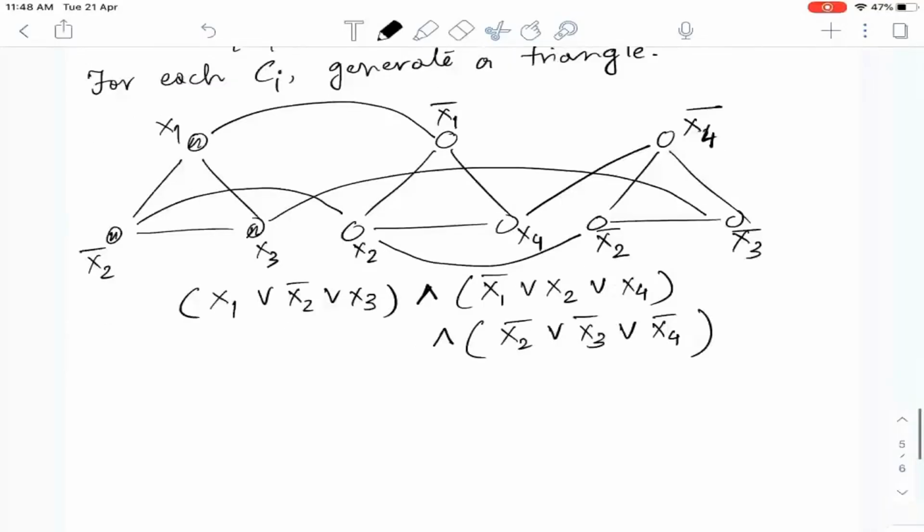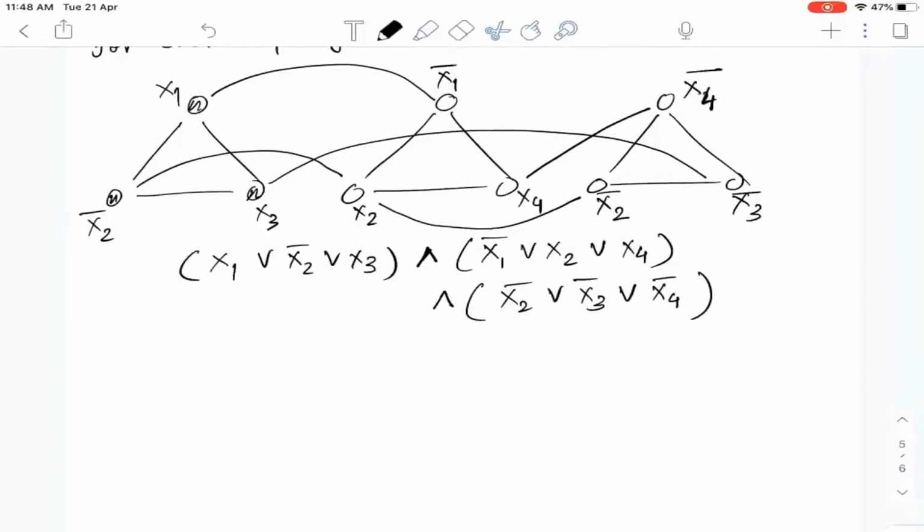Any questions about the construction? We will finish the proof next time. There are some arguments that we have to make, but is the construction at least clear? One question is, should we not use the same vertex for x2 bar?